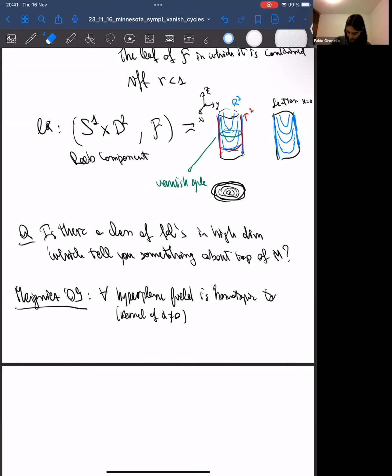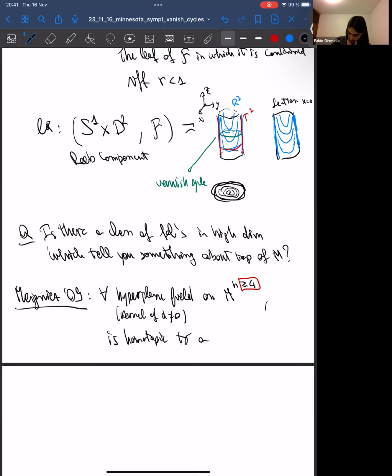Sorry, I forgot. Okay, every hyperplane field on what? On a manifold of dimension at least 4. This needs to be at least 4. Okay. So the statement is that every hyperplane field on this high dimensional manifold is homotopic to a taut foliation.